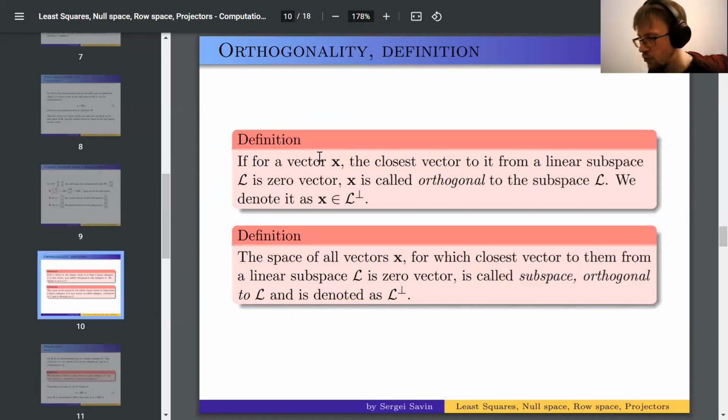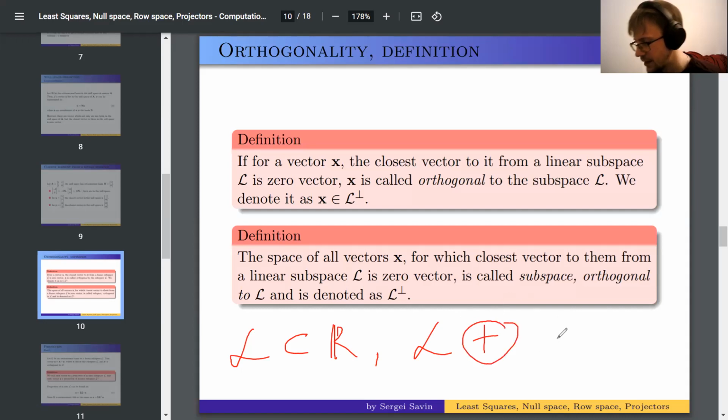Before I move on, just one last piece of information. That is, if you have a subspace of Rn, then the subspace plus its orthogonal complement together span the whole original space.